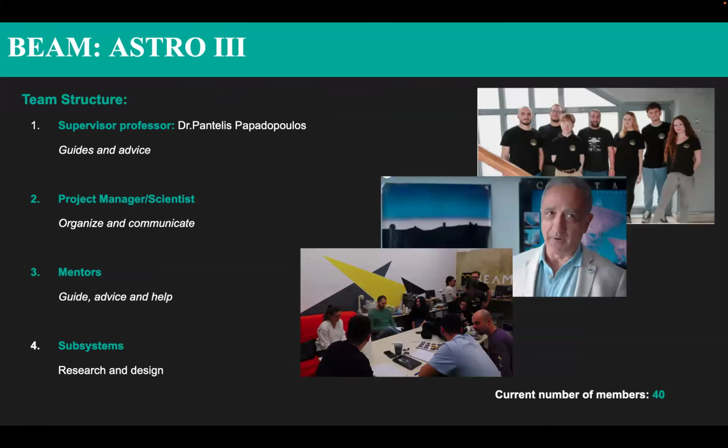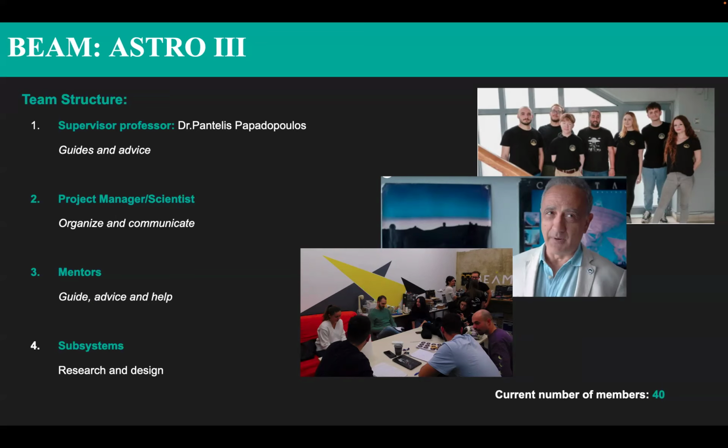We can move on. So our team structure: of course, we have our supervisor professor, Dr. Pantelis Papadopoulos, who is here, who helps us with everything we need, gives us advice and tells us the next steps to do. We have the project manager that organizes the whole team. We have the project scientist, who helps the subsystems with more practical tasks.